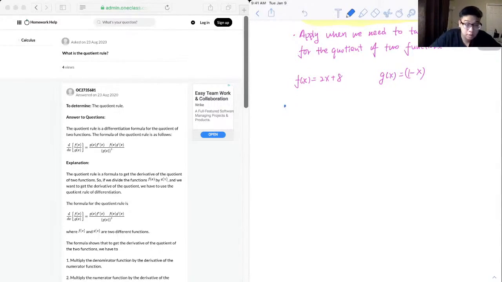Okay. So first we need to multiply the denominator function by the derivative of the numerator function.